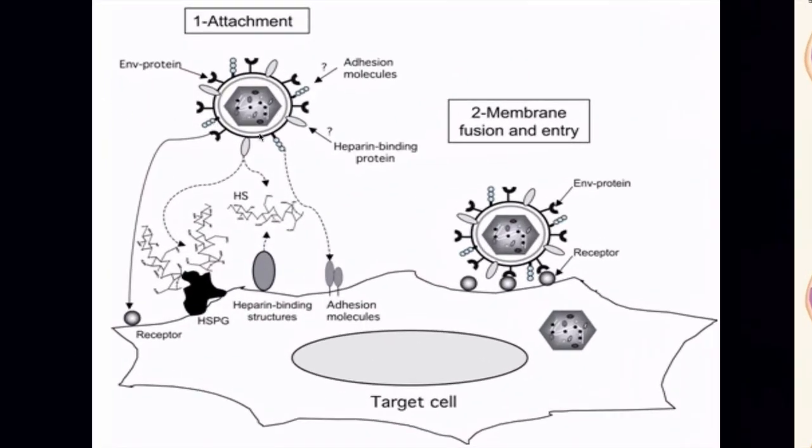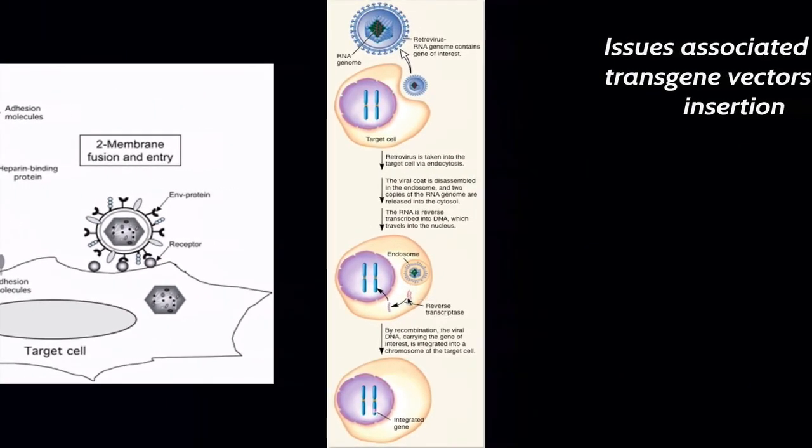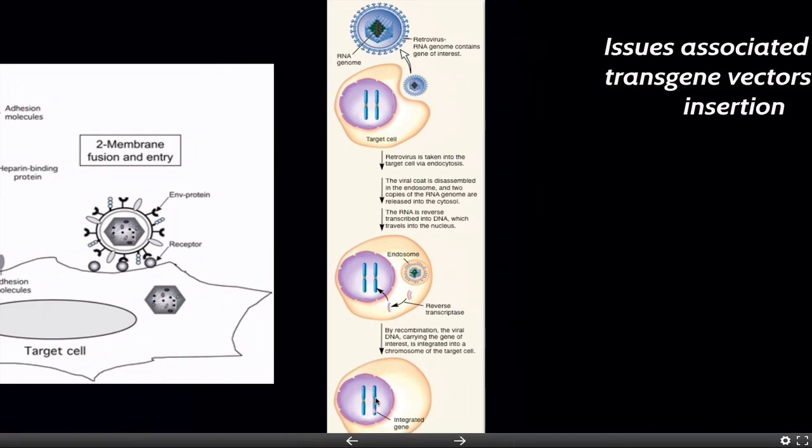Okay, so that looks like this. So here we have our Maloney murine leukemia virus cell. It has a bunch of surface proteins which bind to cell surface receptors on the target cell, which again is a hematopoietic stem cell in our case, and will insert its RNA copies of its genome into the cytosol, where it gets reverse transcribed by reverse transcriptase, because it's a retrovirus, shuttled into the nucleus and integrated into the host genome.